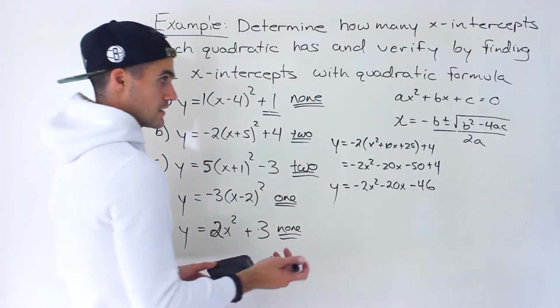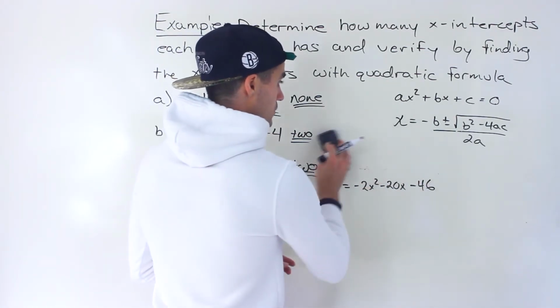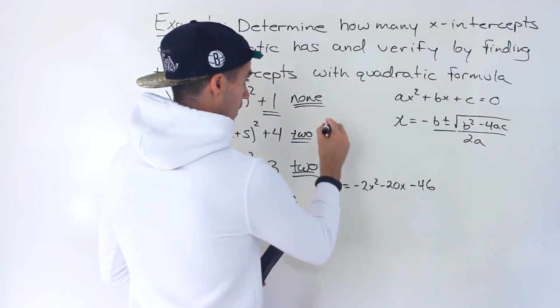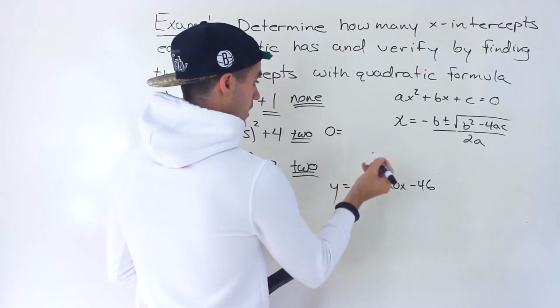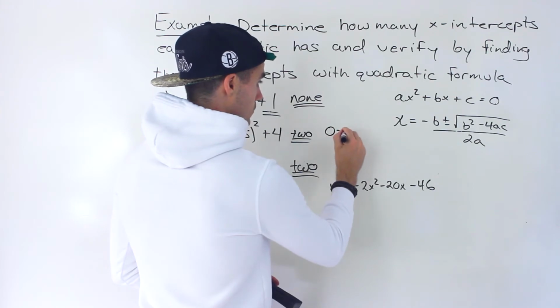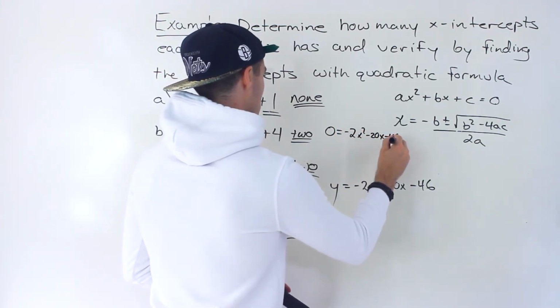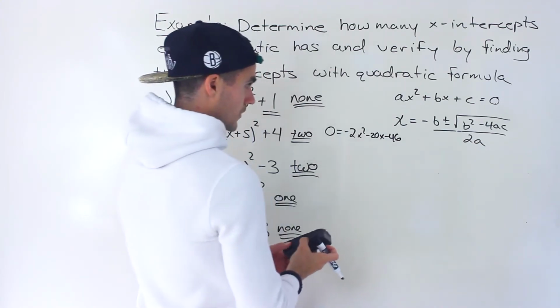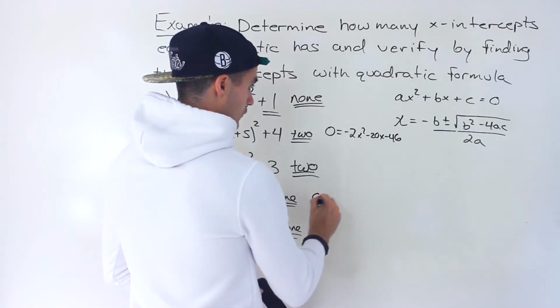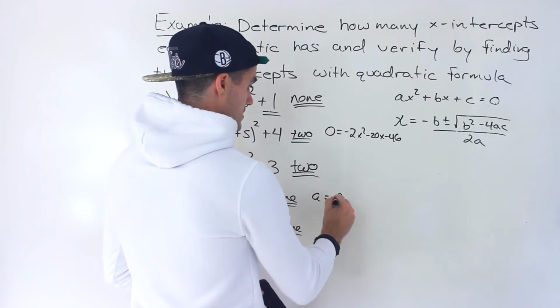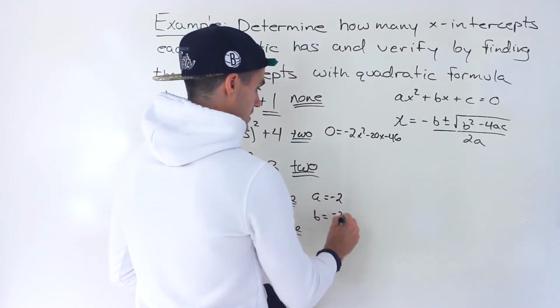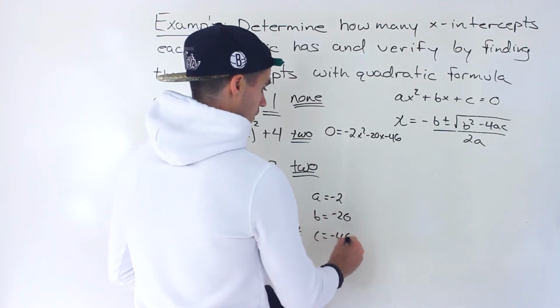Okay, and to find the x-intercepts, what do we do? Well, we plug in 0 for y, so we'd end up with the quadratic equation 0 equals -2x squared minus 20x minus 46. So notice here, for this quadratic in standard form, the a value is -2, the b value is -20, the c value is -46.